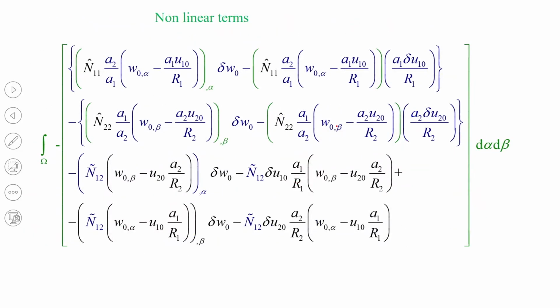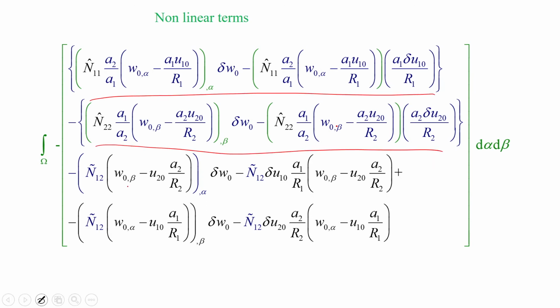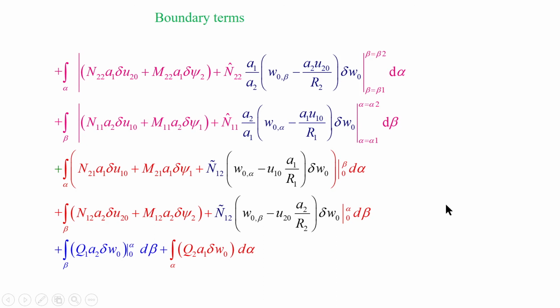So, these are our nonlinear terms. The first contribution is due to I1, the second contribution from I2, and the third and fourth contributions from I3. And these are the boundary terms: first from I3, then I4 and I5 contributions.